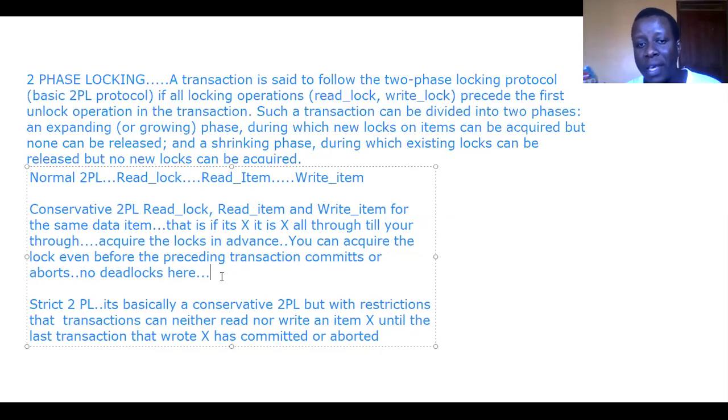Now, with conservative 2PL, there was no requirement that the preceding transaction should have finished, so there was no deadlock. With strict 2PL, it means that you had to have it commit or abort. That was where the major difference between these two came about.